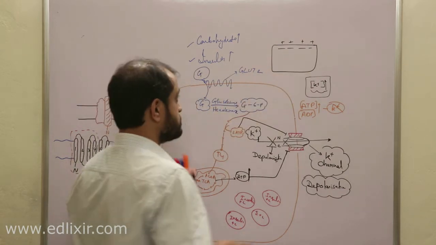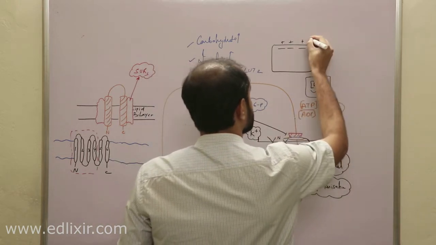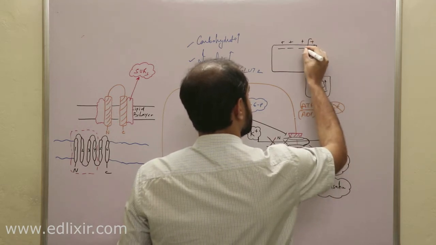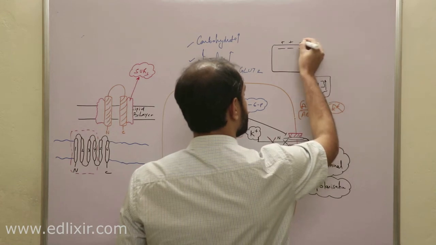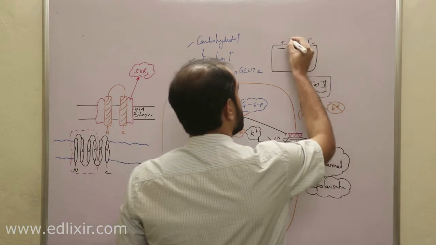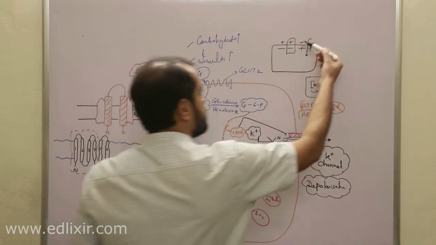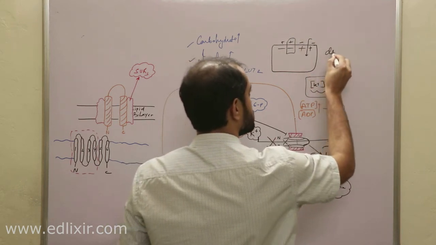Now listen, due to some disturbances, if these positive charges enter, then the inside will become positive, and with respect to this positivity, the outside will become negative. That means this was like a battery, a mini battery, and now the polarity of this battery has been reversed. That's why it is depolarized.